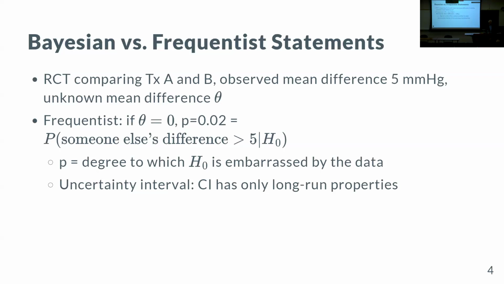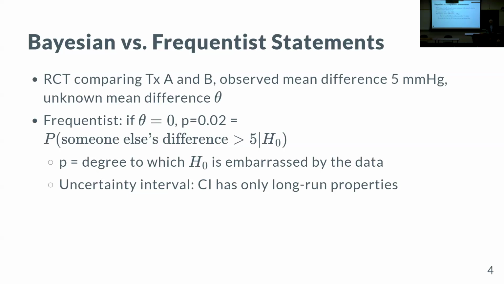And let's say we get a p-value of 0.02. What does that mean? That means the probability that someone else will get a difference greater than 5 in their data, given that our null hypothesis is true for them. So think about that. The probability of observing data as impressive, or more impressive than 5, is the p-value.